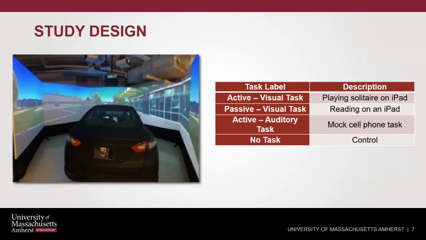It involved an active visual task, which was playing solitaire on an iPad; a passive visual task, which was reading excerpts from a book, basically just reading a paragraph on an iPad; and an active auditory task, which was a mock cell phone task, which recited a few sentences which may or may not have made sense, and the participant was directed to name the subject, object, and tell us whether the sentence made sense or not.